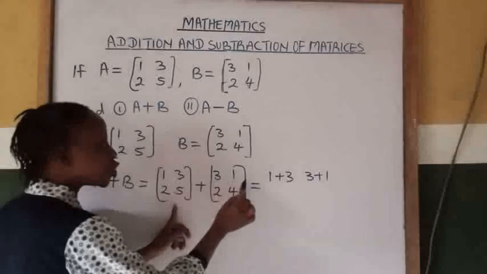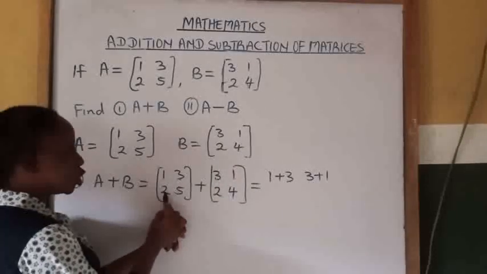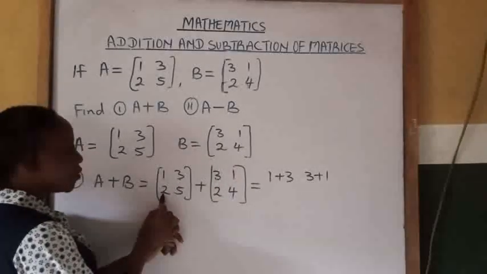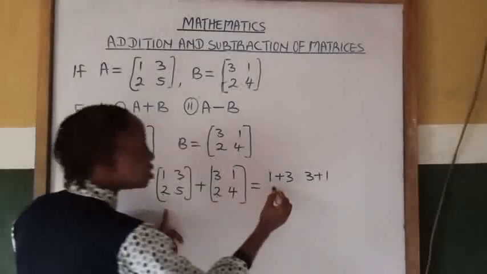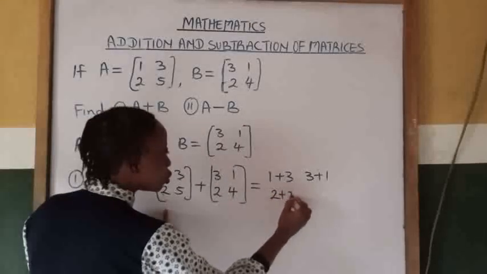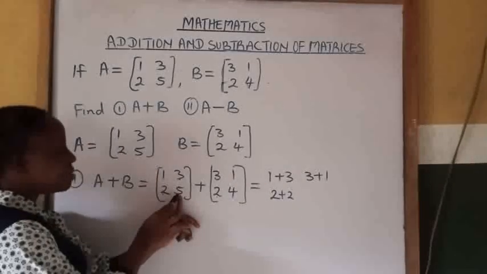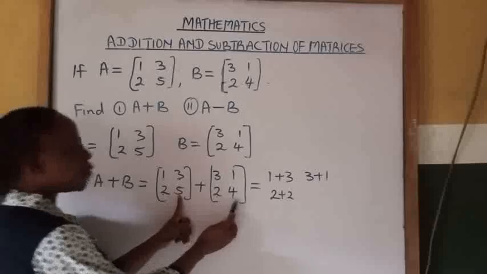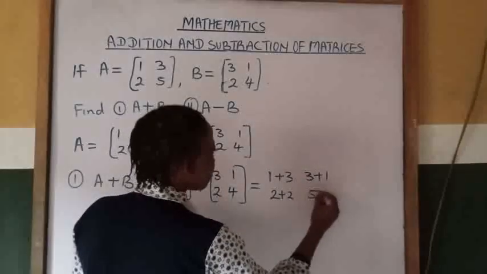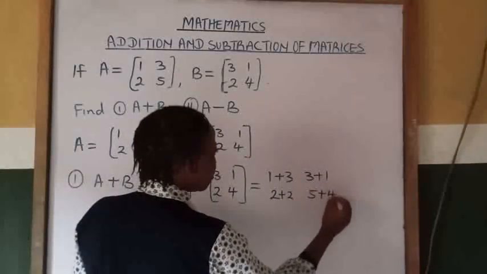Now we are done with the first row. Let's move to the second row. The first element here is 2 plus the first element here, that is 2 plus 2. Then the second element here is 5 plus the second element here, that is 4. That will be 5 plus 4.